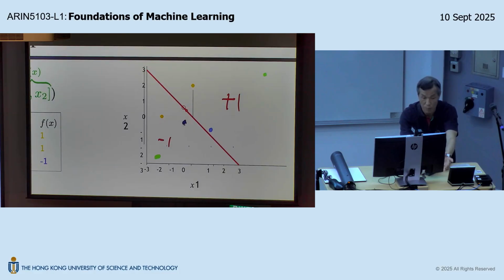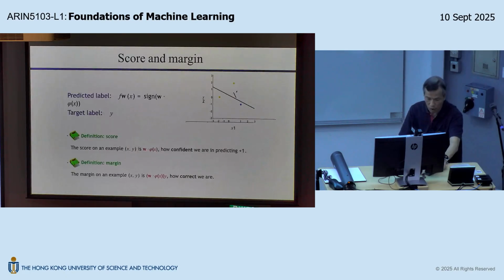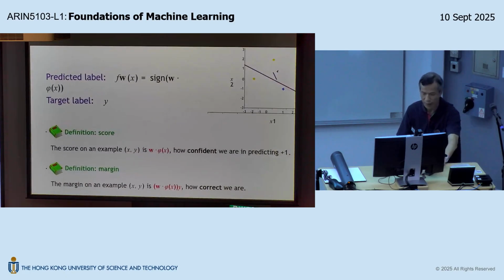Say this one may be -1, and this one may be -5. Basically the dot product tells you how confident the model is in predicting the points to be +1.